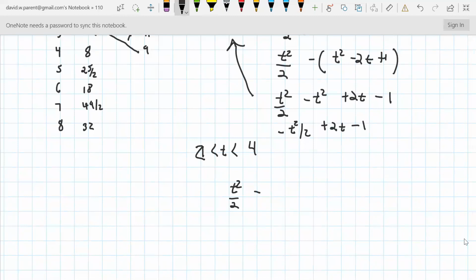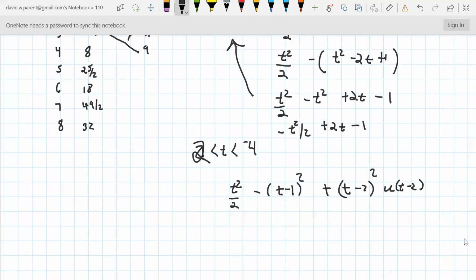I still have minus (t minus 1) squared. In addition, I have (t minus 2) squared u(t minus 2).